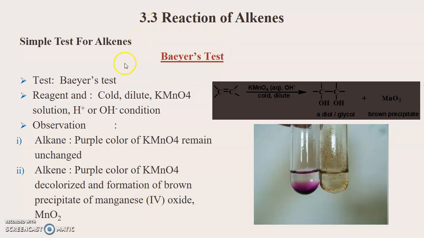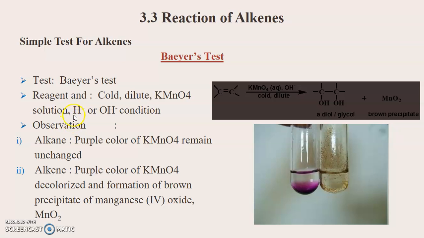The Baeyer test is actually a simple test for alkenes. It means whether the compound is an alkene or not. The reagent is cold dilute potassium permanganate solution, in acidic or basic condition.